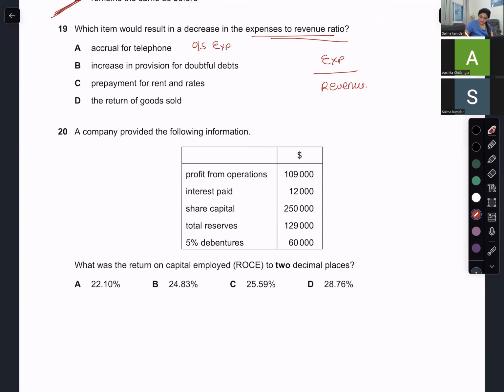If you have outstanding expense, the expense will increase, it won't decrease. Increase in provision for doubtful debts? No, no. If you've prepaid rent, your expense will reduce because already you've given money. So the expense to revenue ratio will decrease because of prepayment.